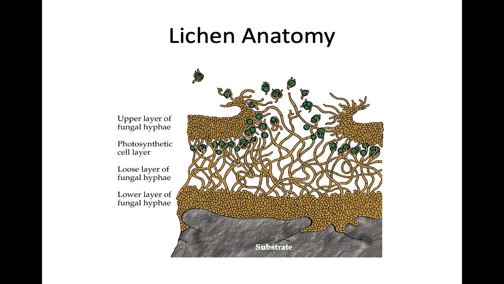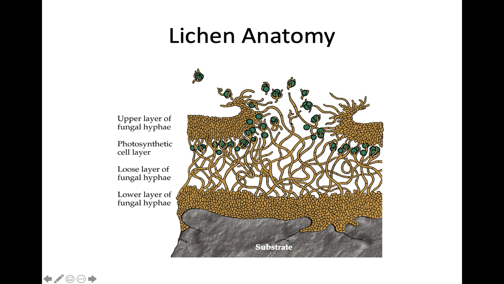The upper layer of the fungus will protect the photosynthetic organism from the harsh conditions of whatever environment they're growing in, but it's thin enough to allow the light to pass through so that these organisms can still photosynthesize.